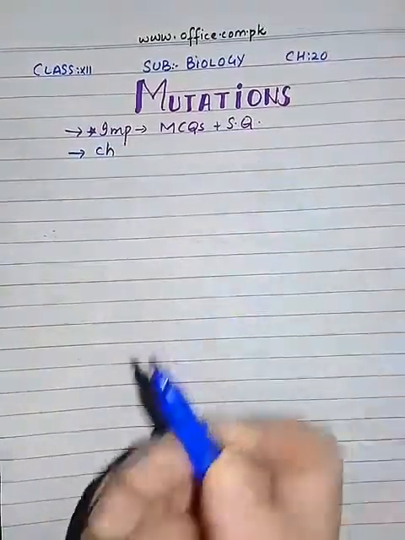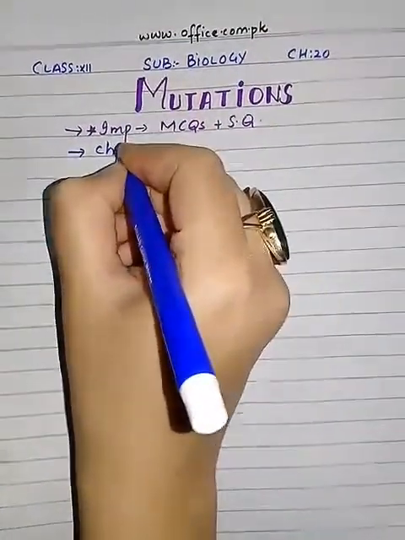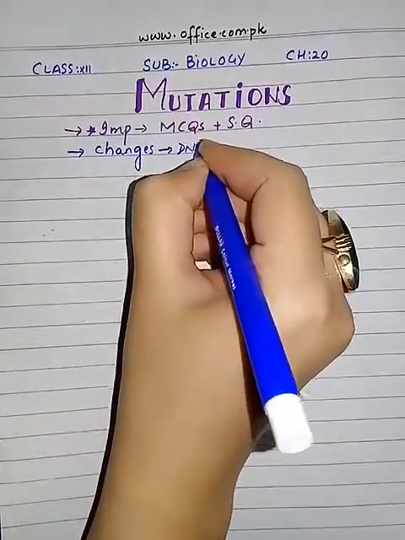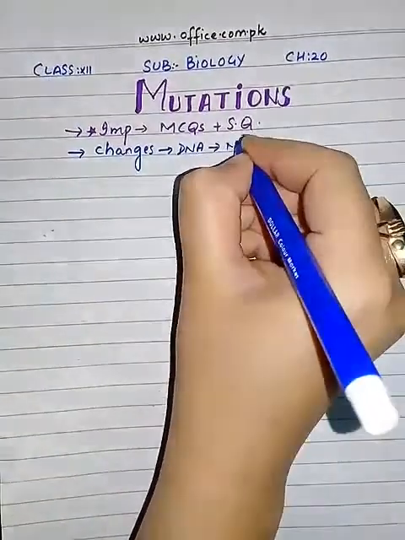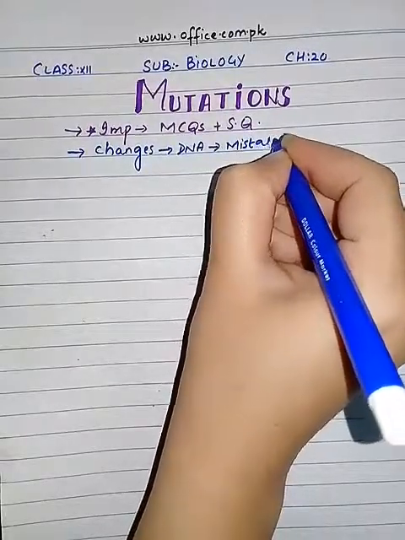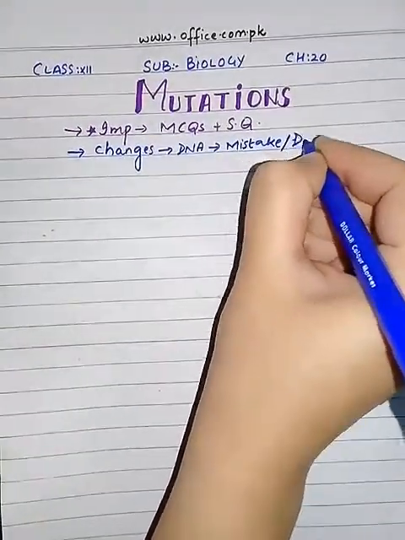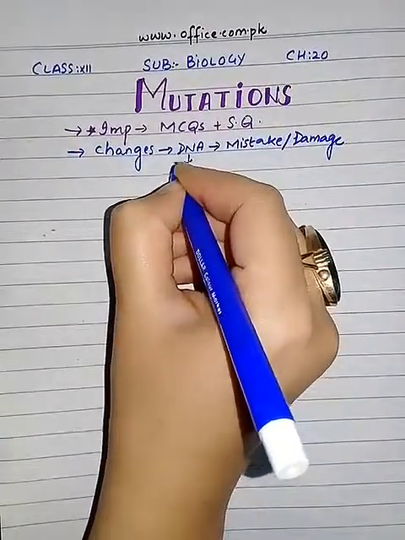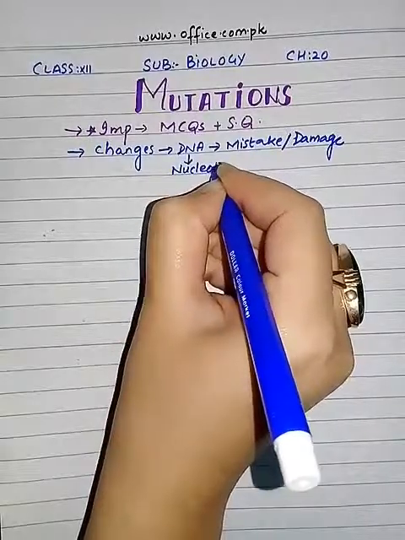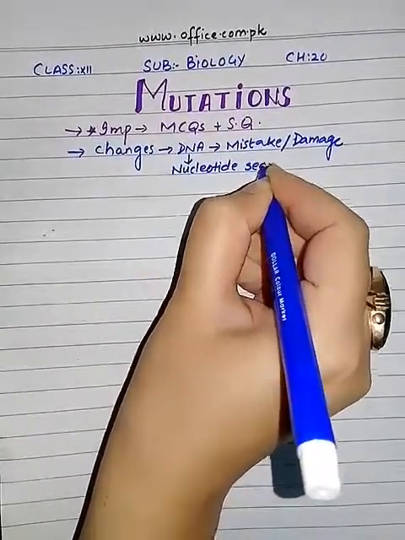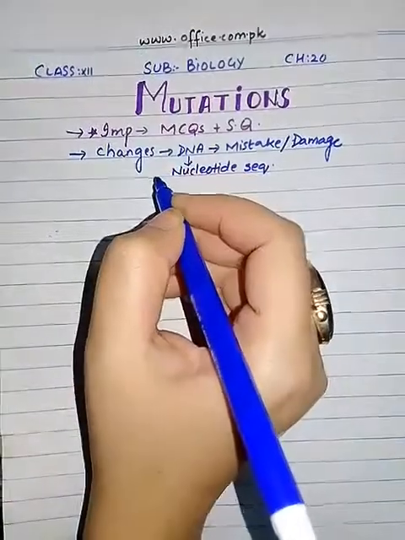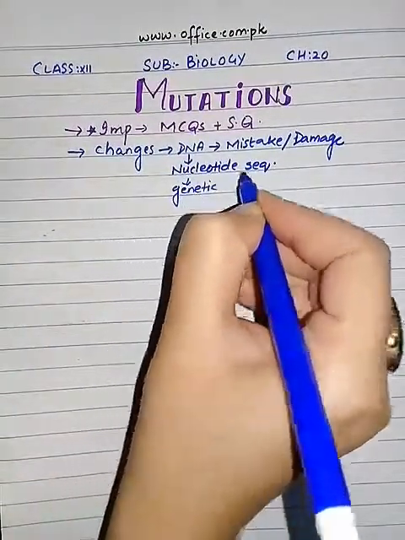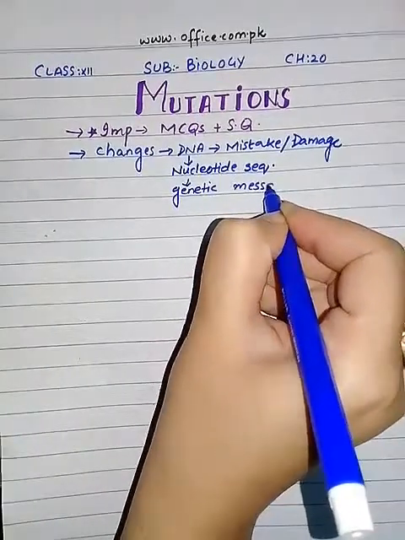So the changes that occur in DNA, either due to mistake or due to any damage, will ultimately change the nucleotide sequence of that portion. The nucleotide sequence will be affected and the genetic message is changed.